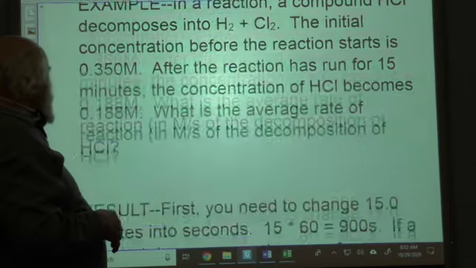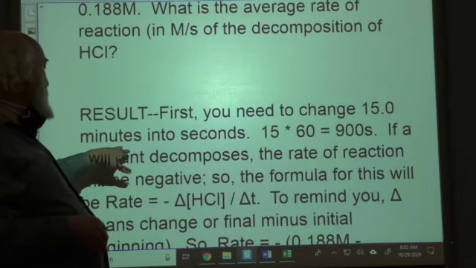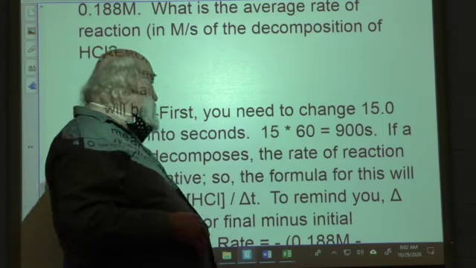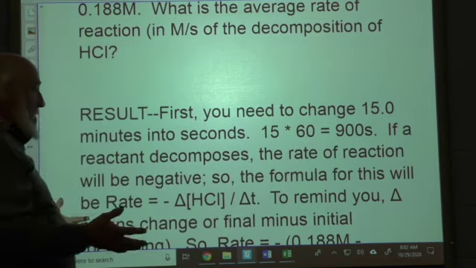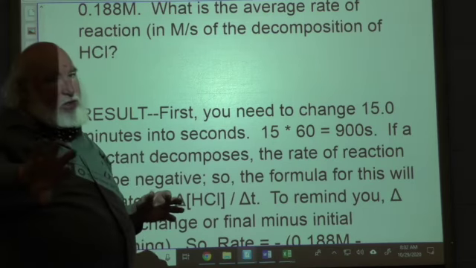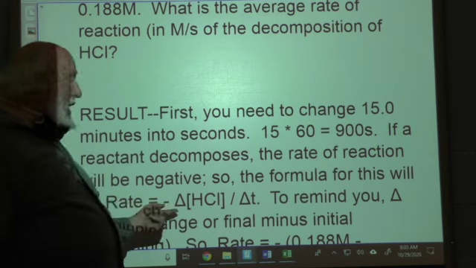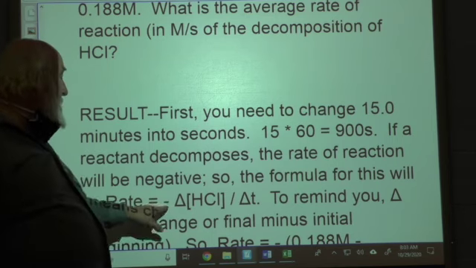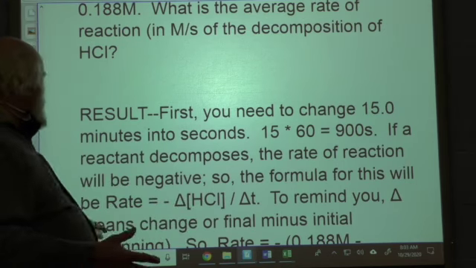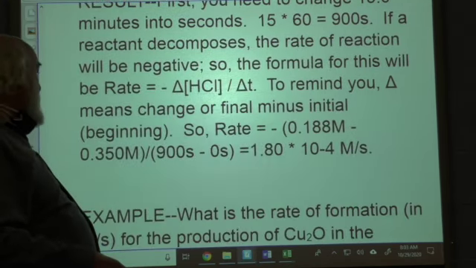So we have to change the 15 minutes into seconds, or 60 seconds in a minute, so that gives you 900 seconds. If a reaction decomposes, that means that the amount is going to get smaller and smaller, so that's going to give you a negative value for the change. Now, delta again means change, which means final minus beginning.